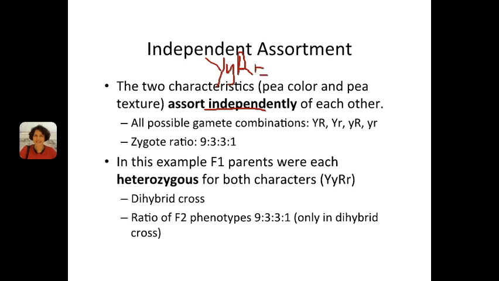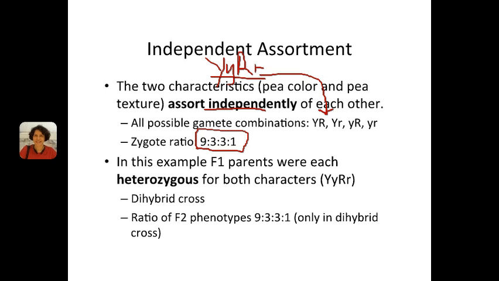And when you cross two individuals that have that genotype, the combination of zygotes, or the ratio of offspring, is also a very typical, very characteristic ratio, 9 to 3 to 3 to 1.